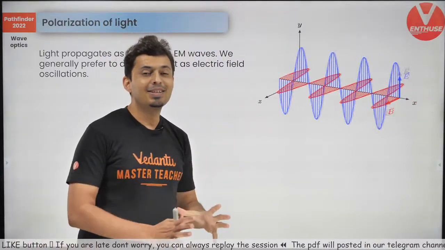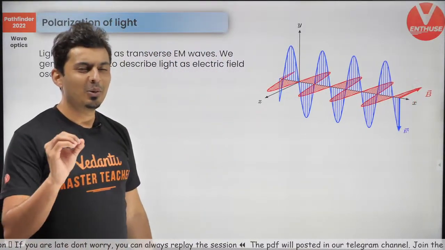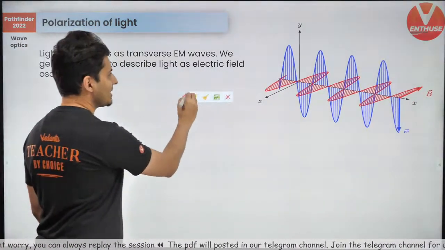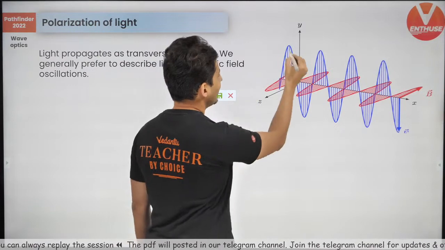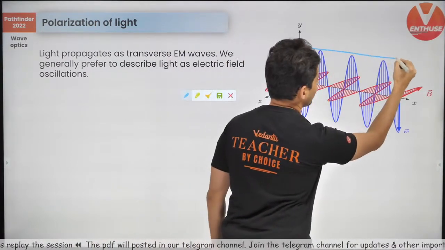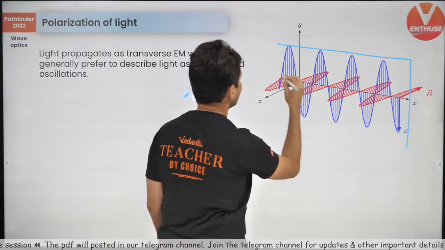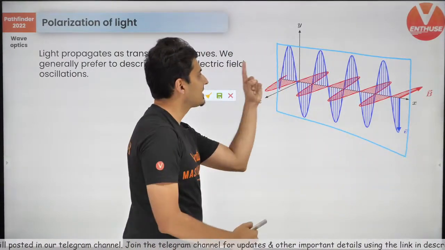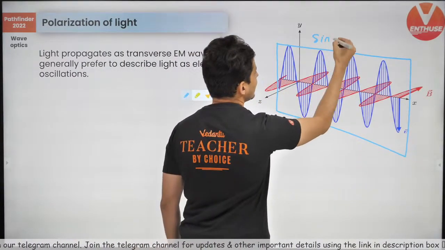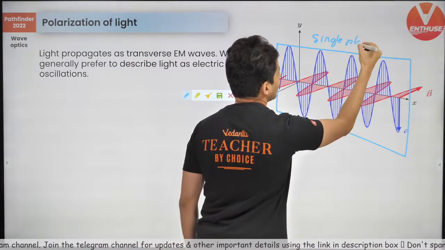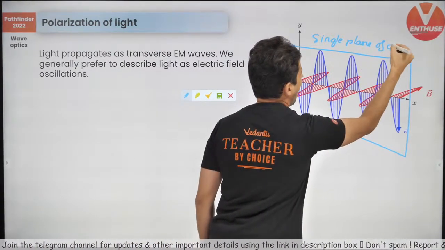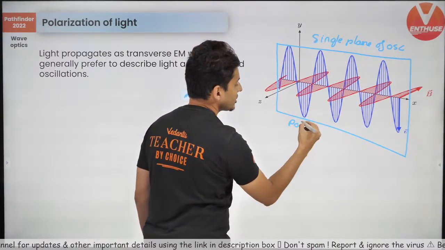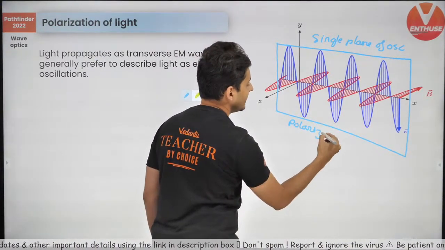The normal light which is there around you is actually not polarized. It is basically unpolarized. What do I mean by that? See, in this situation, you can clearly see that the plane in which the electric field oscillates is basically this one. So there is a single plane of oscillation. Hence this light is called polarized light.